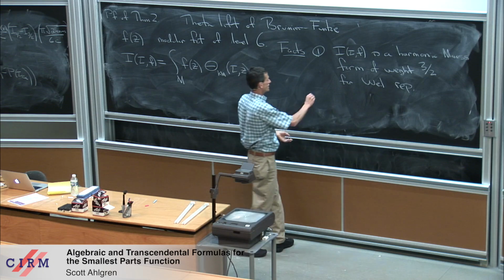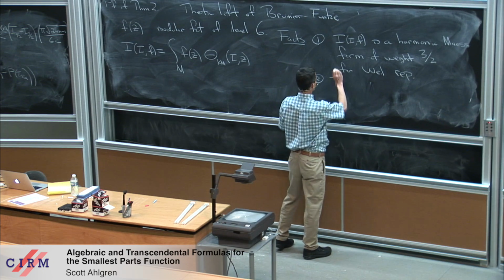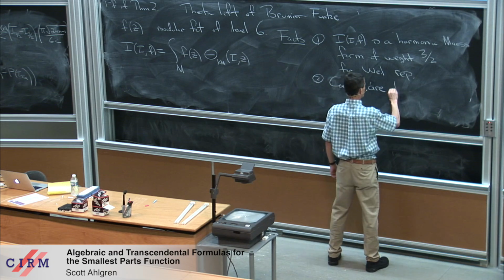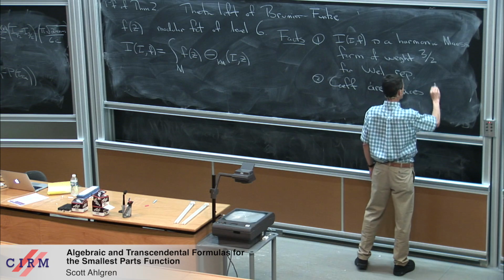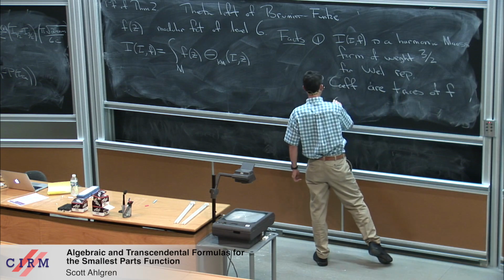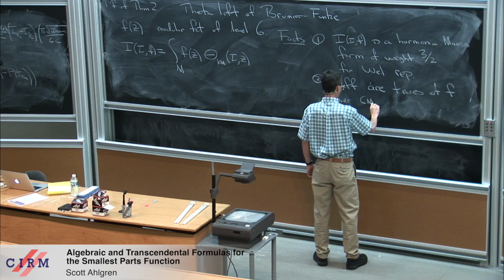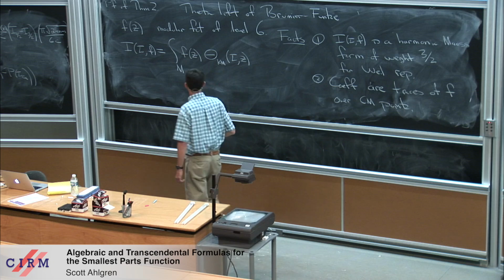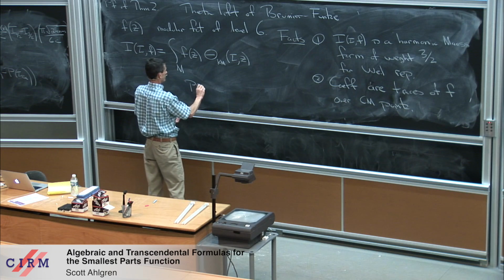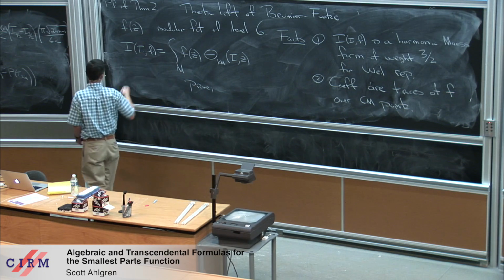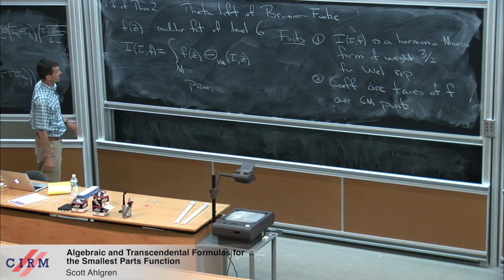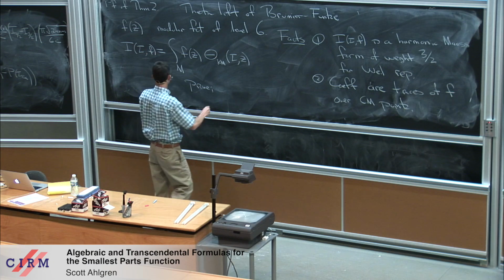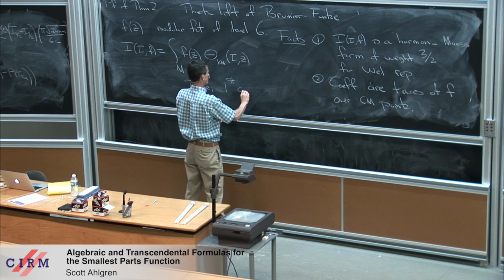So the coefficients are traces of f over CM points. Really what we have to prove is this: it's a vector valued thing, and it turns out that the first component of this theta lift is equal to what I called capital F of tau, which was written up here.